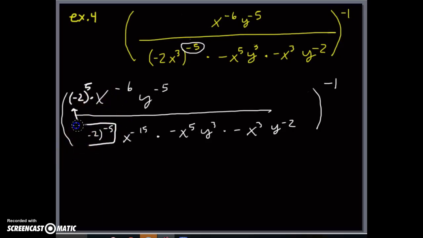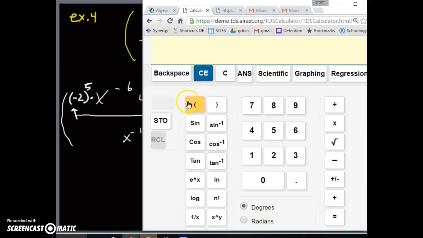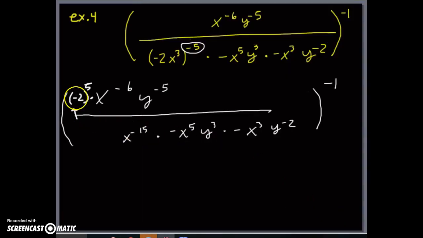So we can erase it now from the denominator. And then I can actually figure out what negative 2 to the positive 5th power is. It's a negative 32, so I can go ahead and write it as a negative 32 in front.